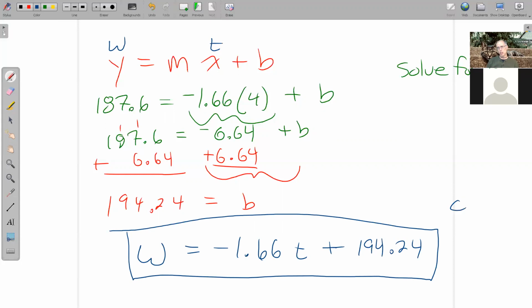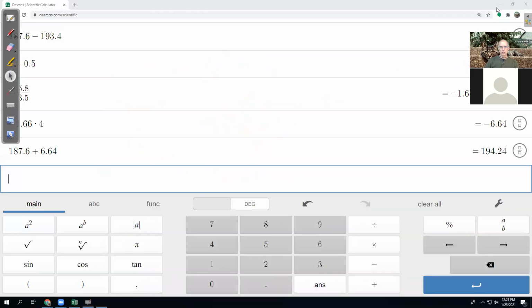So if you wanted to check this, what you would do is plug in the other x value. For example, up here, I used x equals 4. So to check this, I would plug in x equals 0.5 and see if I get the right y value. So I'm going to try that.